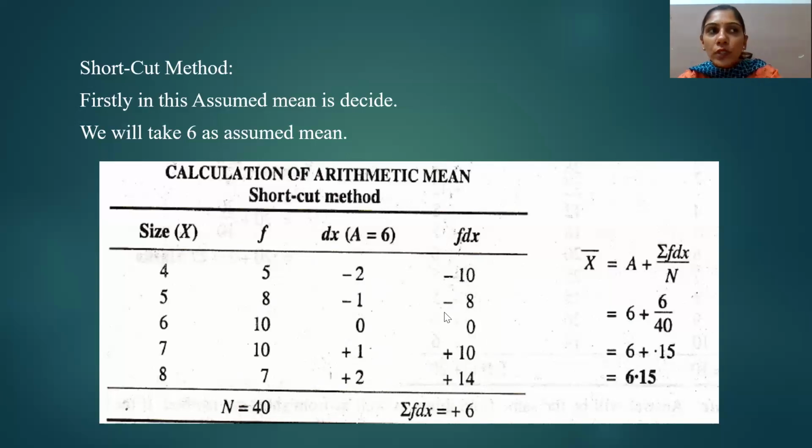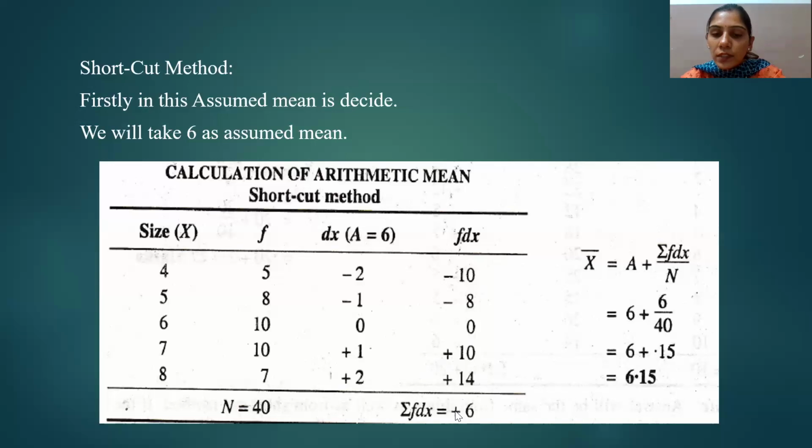Now we have to calculate the sum of fdx. We have to add all these values. If some value is coming in minus, then we have to subtract that value. If values are in plus, then we have to add those values. So the total of fdx is plus 6.